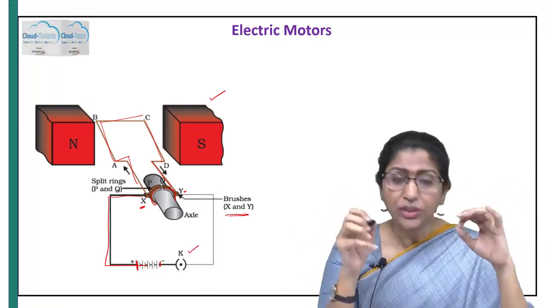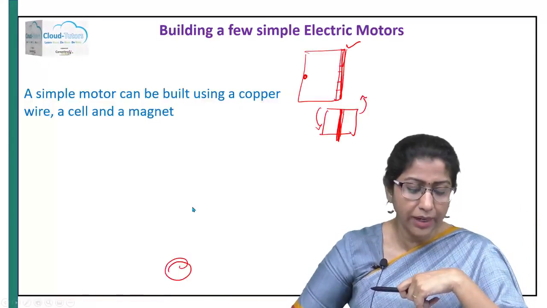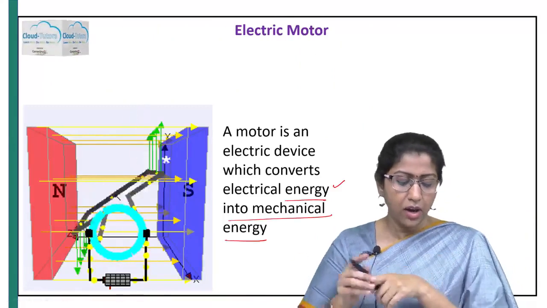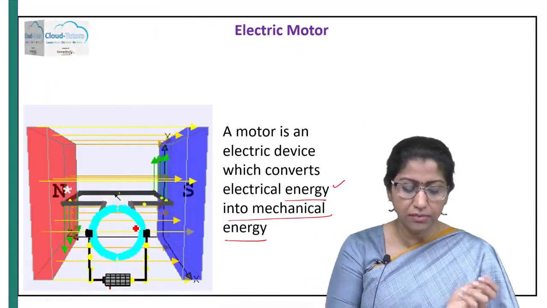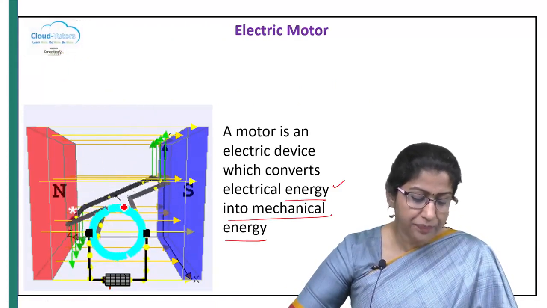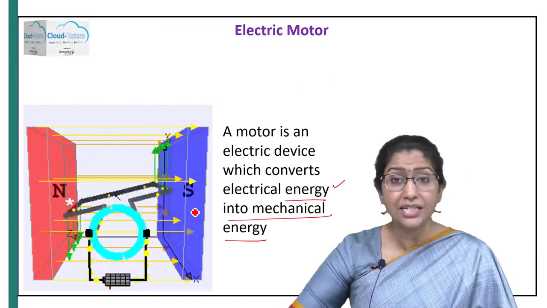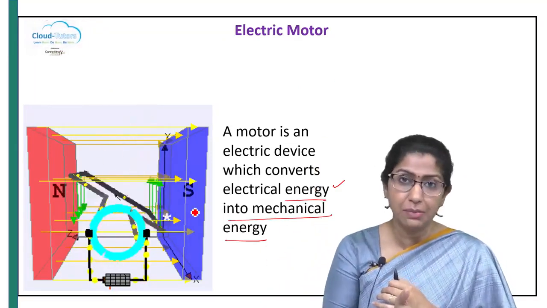All right, now that we have understood this setup, let me go back to this one. As you can see here, there is a split ring, and you can see the coil rotating, right? So what is happening here? There is a north pole and a south pole of the magnet, in between which the electromagnet has been placed.